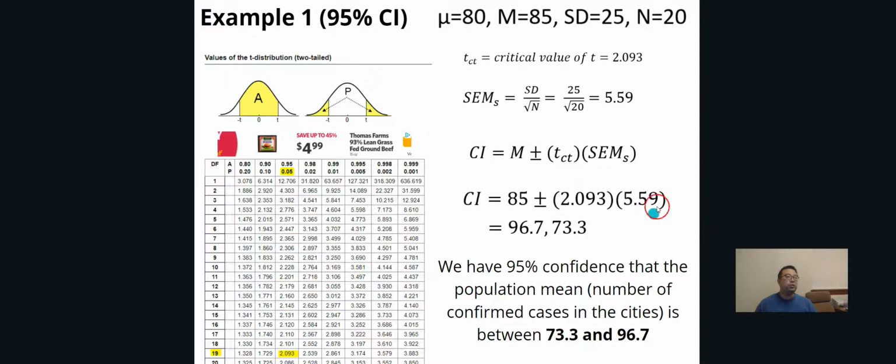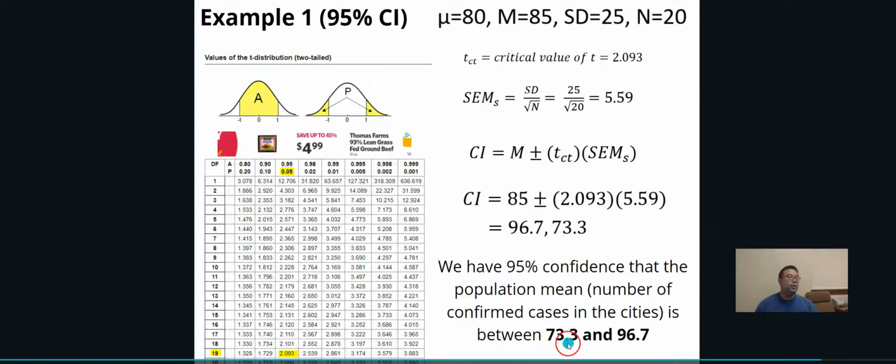After this calculation, using your calculator or Excel, the confidence interval is 73.3 through 96.7. Now we can interpret that we have 95% confidence that the population mean, based on the variable measured or our hypothesis, is between 73.3 and 96.7.